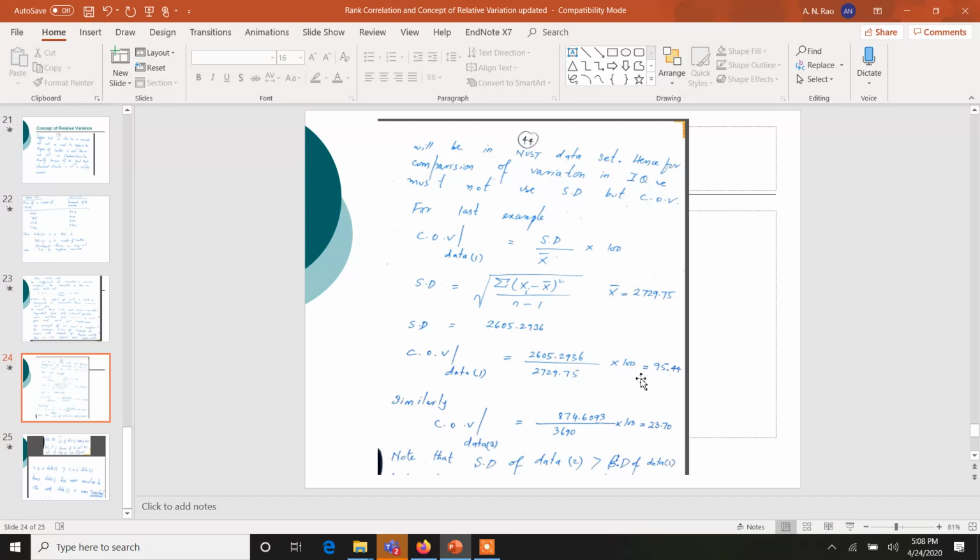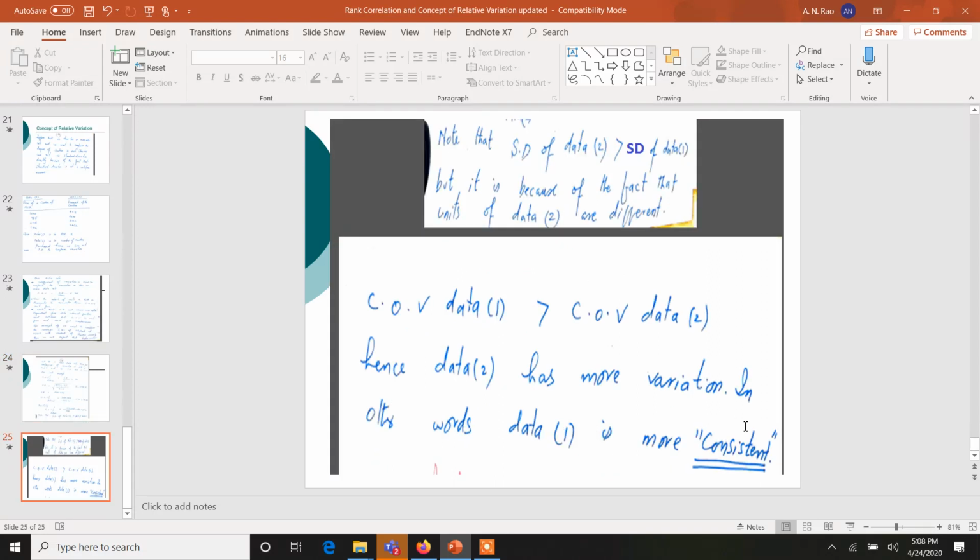Now there's an interesting thing here. If you see the standard deviation of data 2, this is the standard deviation here in the numerator, it is much higher. So if I compare on the basis of standard deviation, it will be totally wrong, because it is dependent upon the scenario under which the data was collected, right?